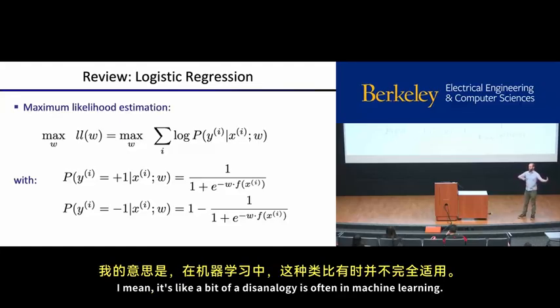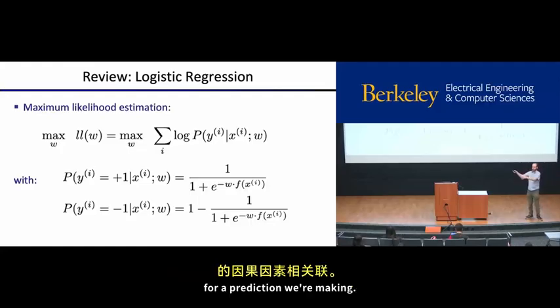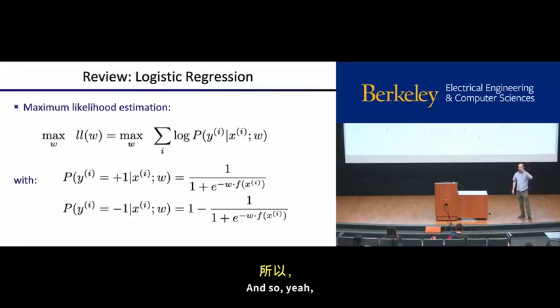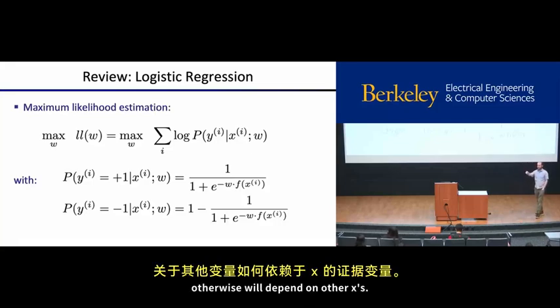A bit of a disanalogy is that often in machine learning, these examples will be connected from something that is totally causally independent for a prediction we're making, but they come from the same world, and so they tell you something about properties of the world. And so, yeah, you can think of this whole data set as evidence variables about how other y's will depend on other x's.